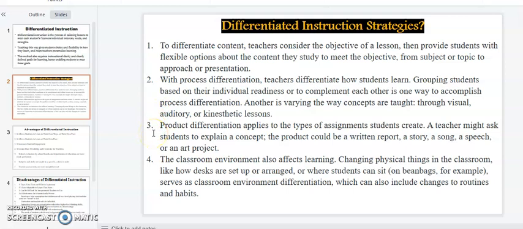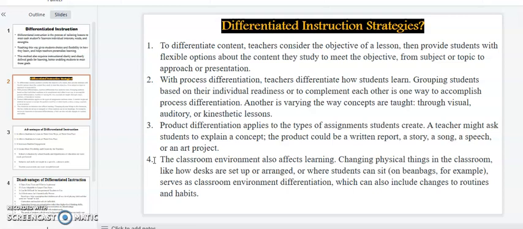Product differentiation applies to the type of assignment students create. A teacher might ask students to explain a concept. The product could be a written report, a story, a song, a speech, or an art project. The classroom environment also affects learning.